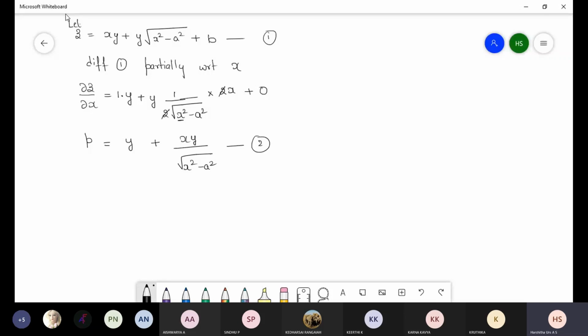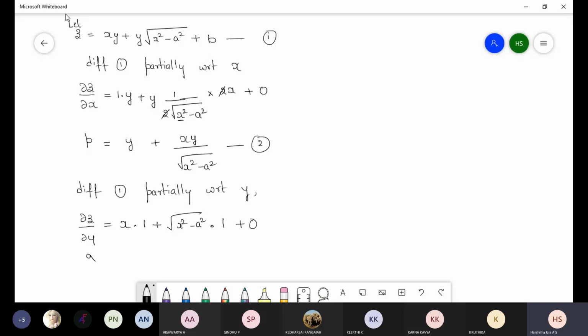Now differentiate equation 1 partially with respect to y. So again dou z by dou y is equal to, I'll write x as it is, differentiation of y is 1, plus here root of x square minus a square is a constant term, differentiation of y is 1, plus differentiation of b is 0.